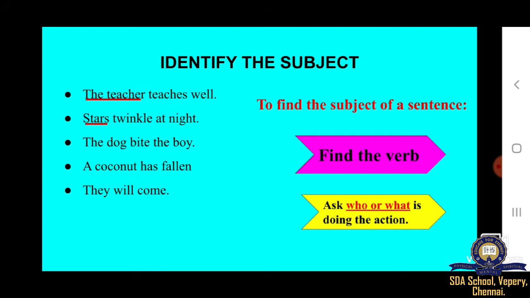And the next sentence: the dog bites the boy. Here, what is the verb? Yes, bites. If I ask who bites the boy, the answer is the dog. So here the dog is the subject.